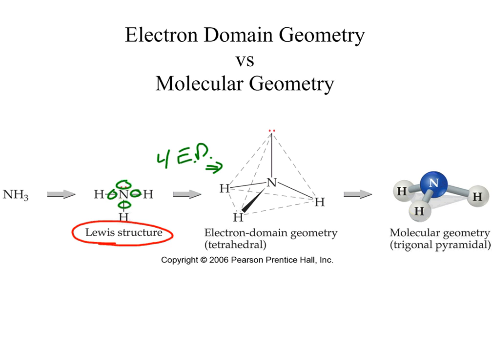Obviously, drawing the ball and stick there, if you were drawing this yourself on paper, you would basically just draw the same thing you had in the picture here. This is exactly what we wanted here. Let's do our wedge dash structure.